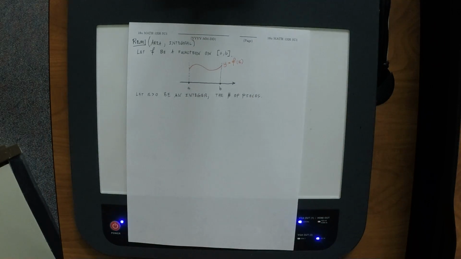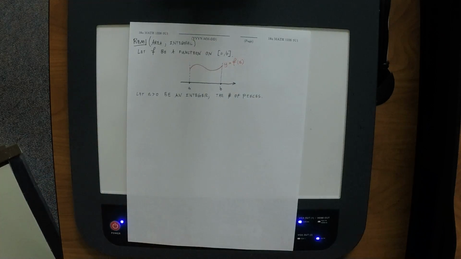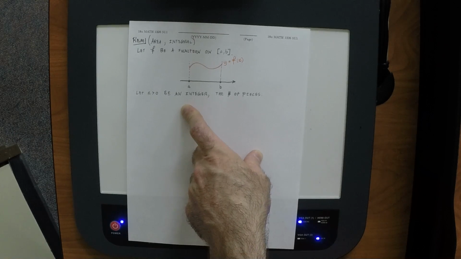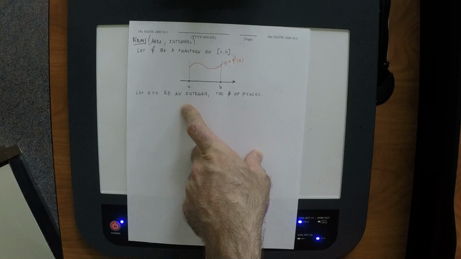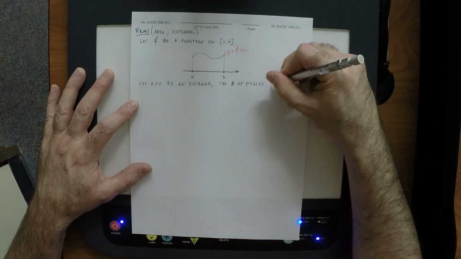Just like on the previous page, we drew 4 and also 8. One with n is 4 and one with n is 8. 4 pieces, 8 pieces. But the only requirement is that the number of pieces needs to be a positive integer. So it could be 1, it could be 1,000,000, it could be any of that. We'll define the following.